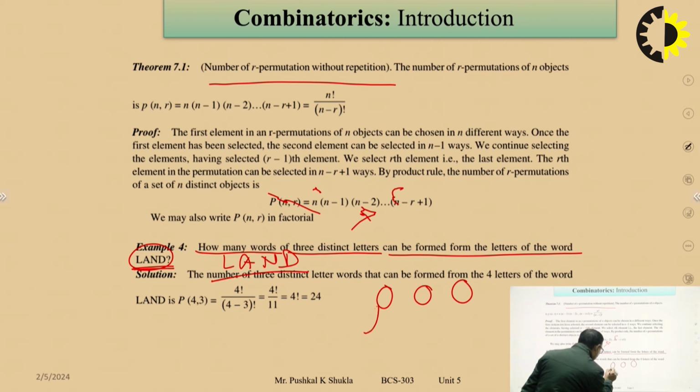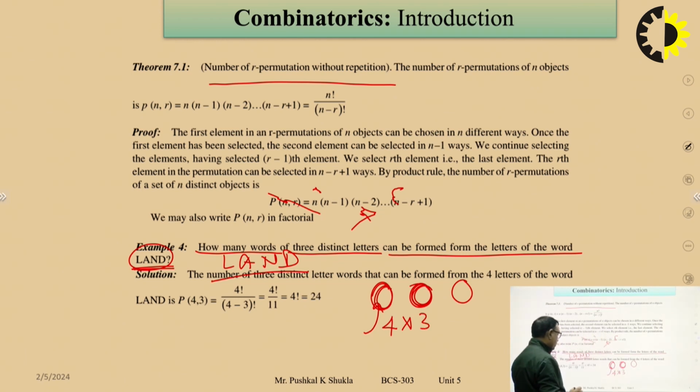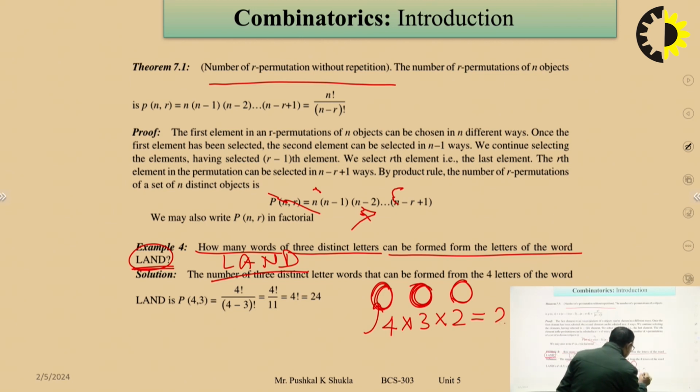The first place can be filled in 4 ways, the second place in 3 ways, and the third place in 2 ways. So the total number of arrangements will be 4 into 3, 12, into 2, that is 24.